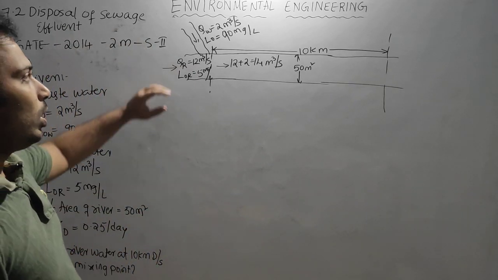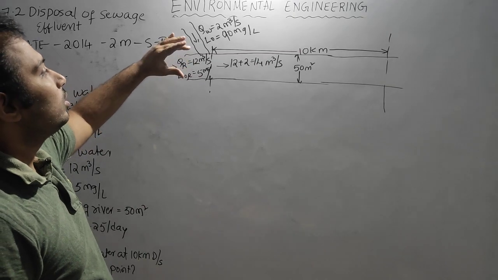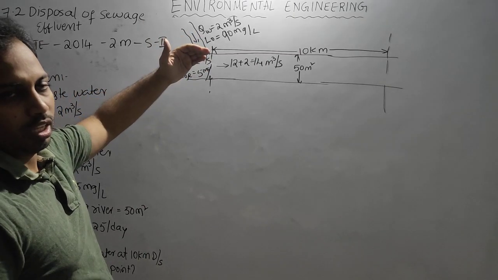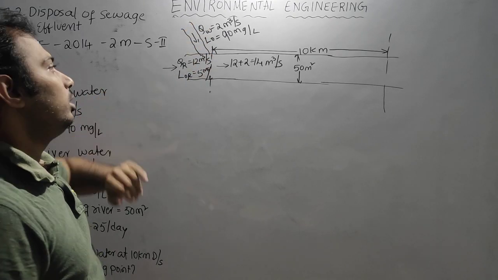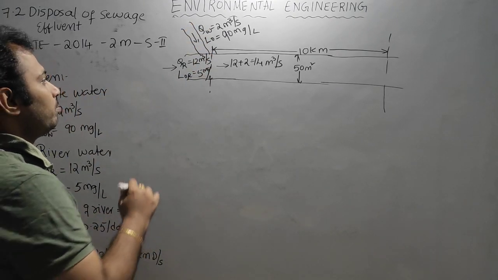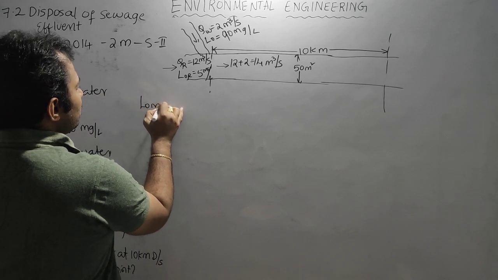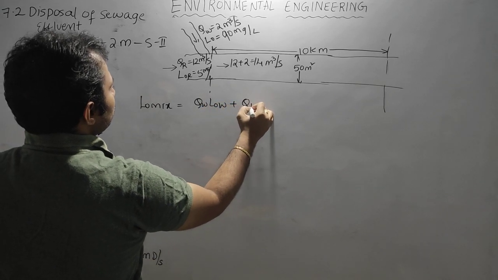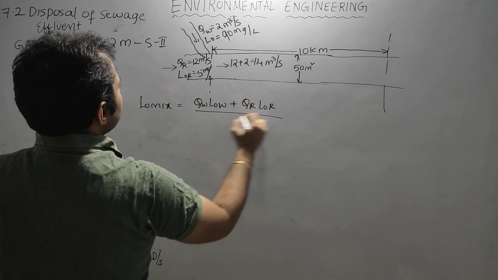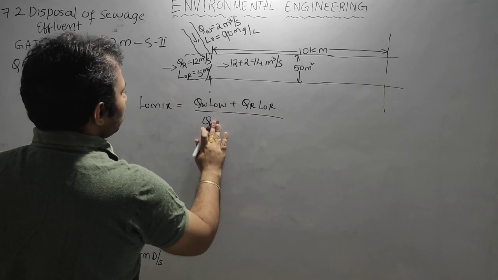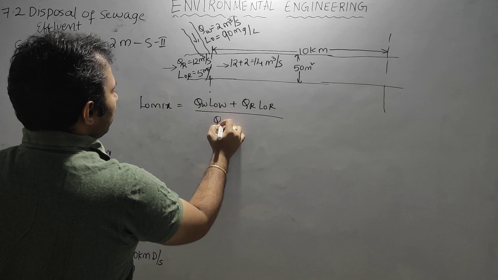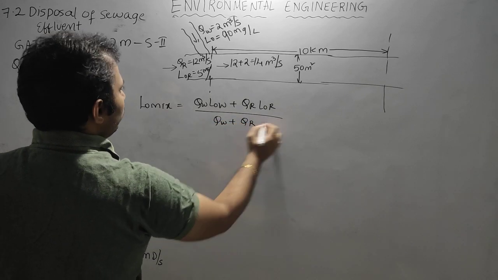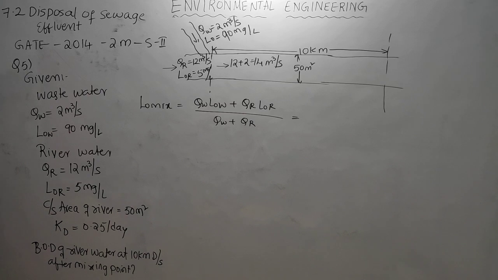First of all, once these two are mixed up, the river water BOD will rise because of the wastewater BOD. So what is the L0 of the mixture? It is equal to QW L0W plus QR L0R by QW plus QR. First we need to find the BOD mixture.